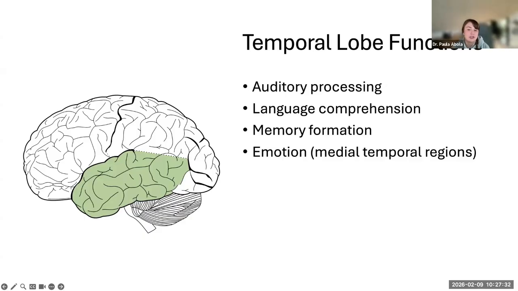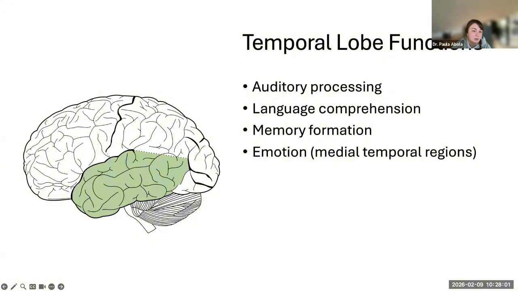And temporal lobe damage is commonly seen in conditions such as epilepsy, stroke, traumatic brain injury, and neurodegenerative diseases such as Alzheimer's disease. So in neuropsychological assessment, temporal lobe dysfunction often becomes apparent through poor performance on memory tasks, difficulties with verbal comprehension, or problems recognizing familiar information.